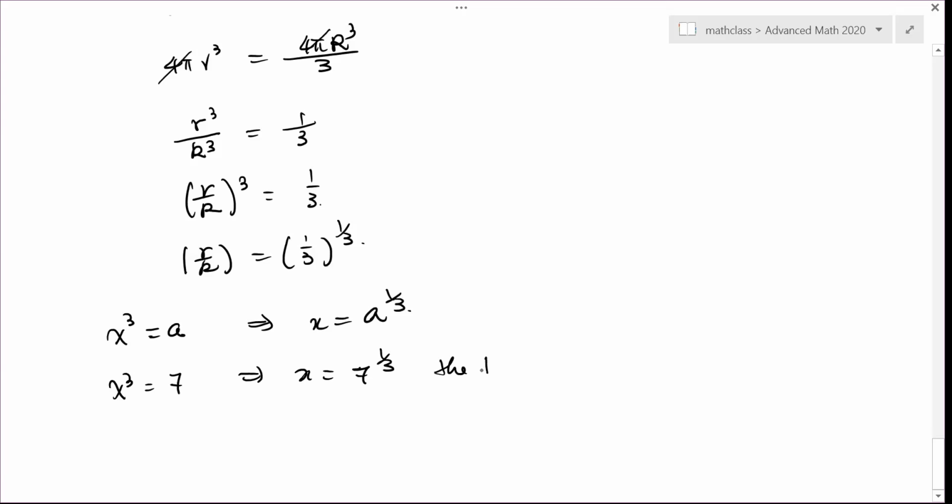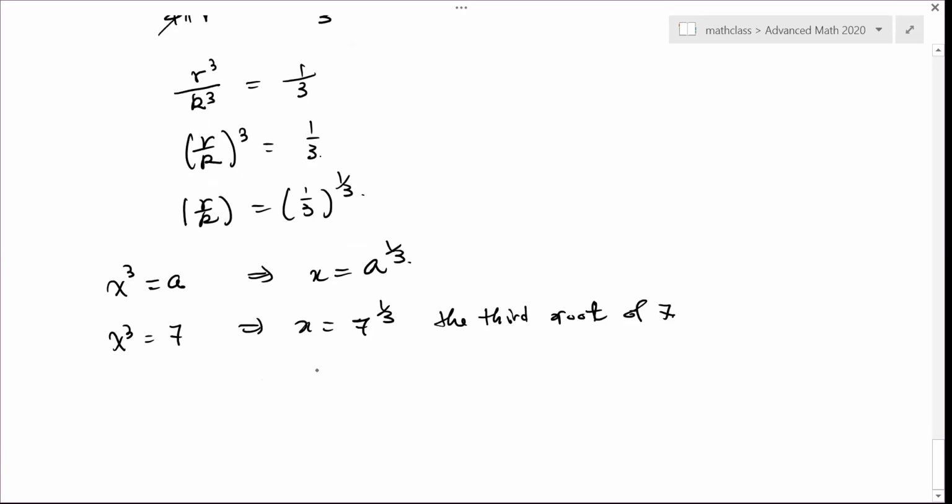So this is called the third root of 7, something like a square root. This is also denoted using this notation.